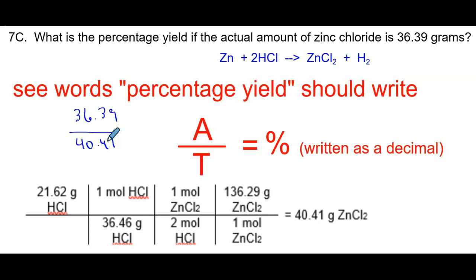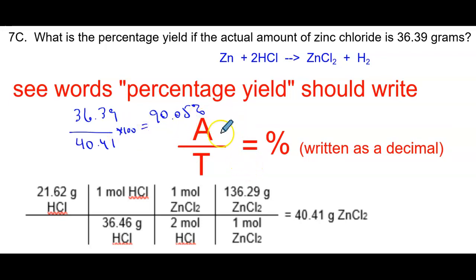Now we need it in a percent, so we're going to multiply by 100. Okay, and that gets us our percent. So 90.05% would be our final answer, with 2 places past the decimal, in this case 4 sig figs. So I had to multiply this by 100 to get it into a percent.